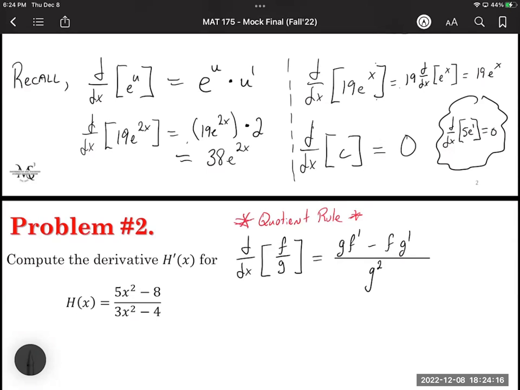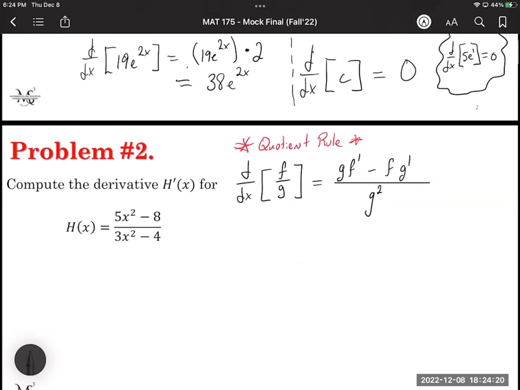F is typically the top function, g is the bottom function. So in my scrap work on the side, I list out my f, I list my g right next to it, and underneath I'm going to get their derivatives. Since f is the top function, it's going to be 5x squared minus 8, and g is going to be 3x squared minus 4.